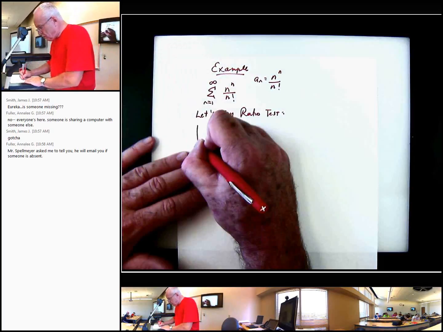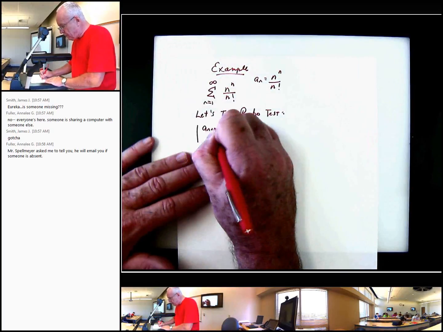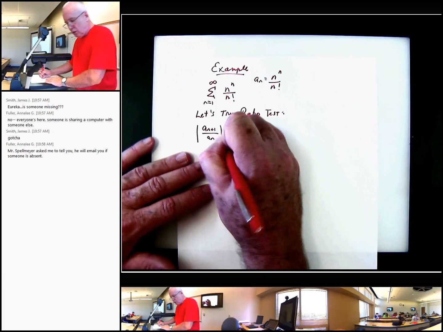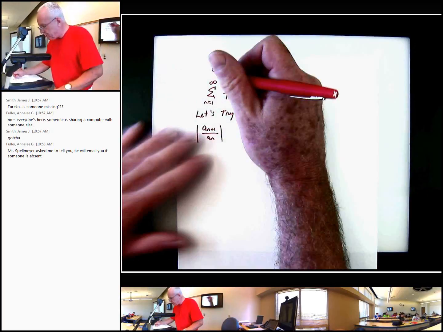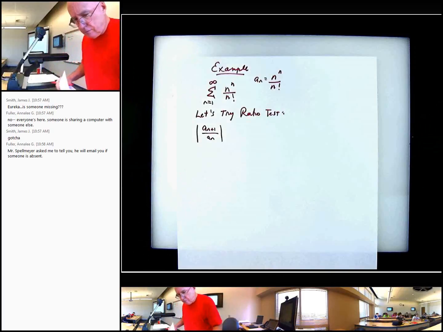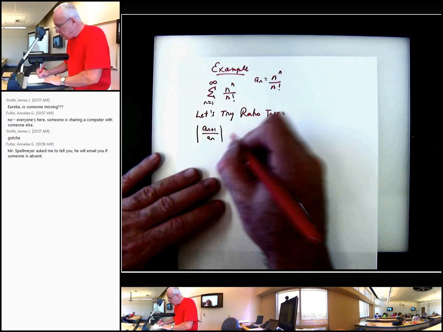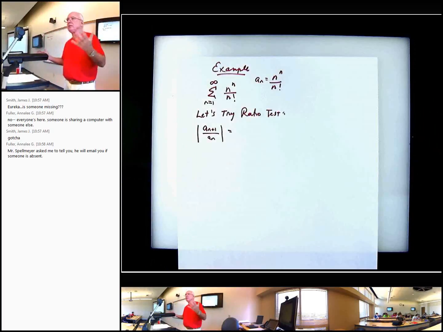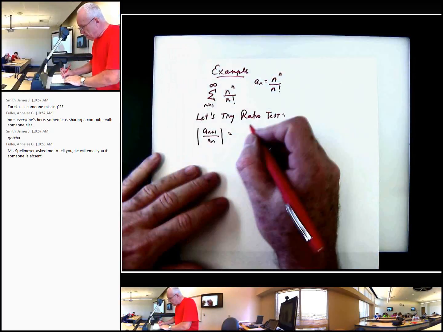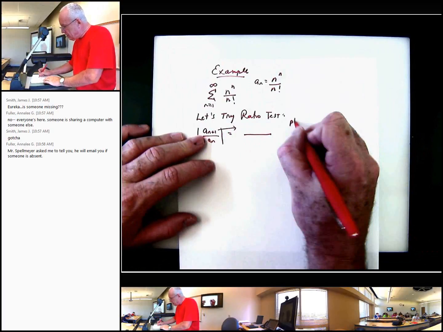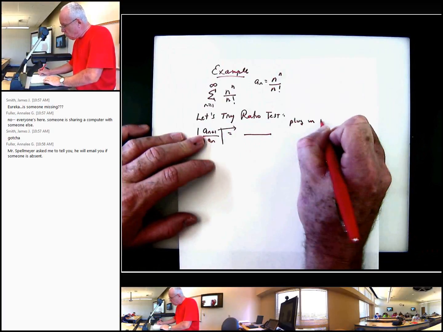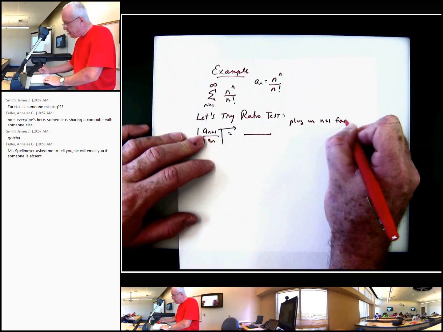Okay, we need to look at the absolute value of a sub n plus 1 over a sub n. Actually, all of these terms are positive anyway, so the absolute value isn't going to make any difference. So now for a sub n plus 1 on the top, I have to plug in n plus 1 every place there's an n.